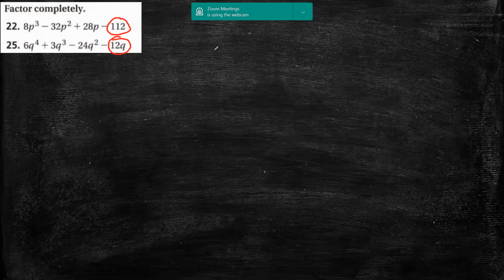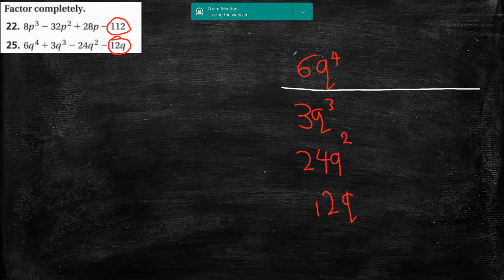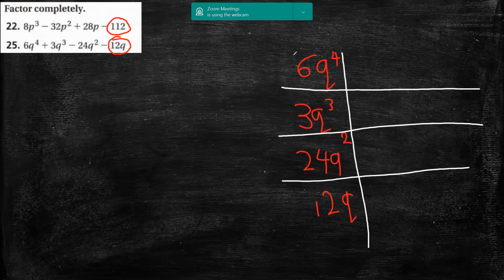So let's write all the terms here: 6q to the power 4, 3q to the power 3, 24q to the power 2, and 12q. Now let's write the factors.